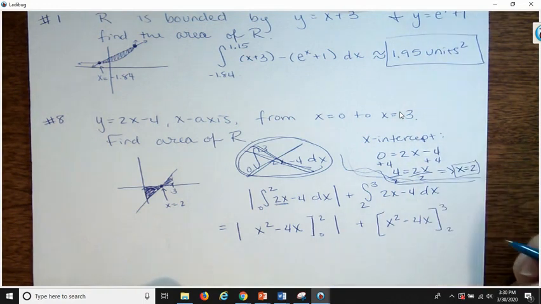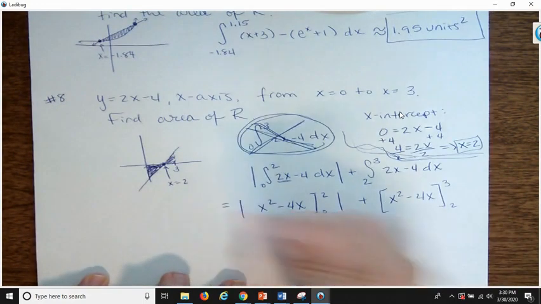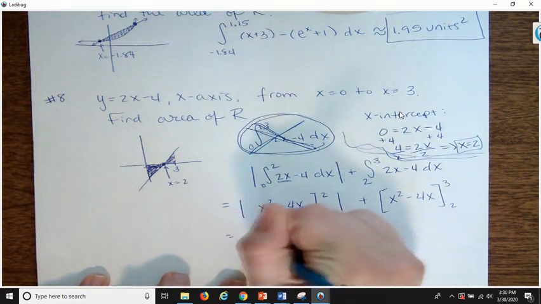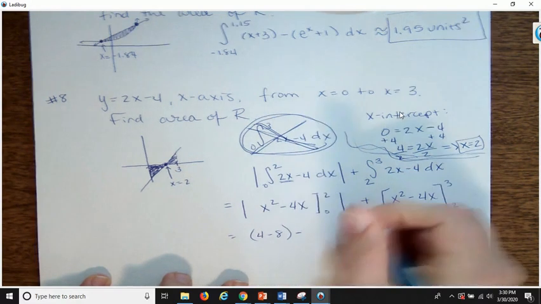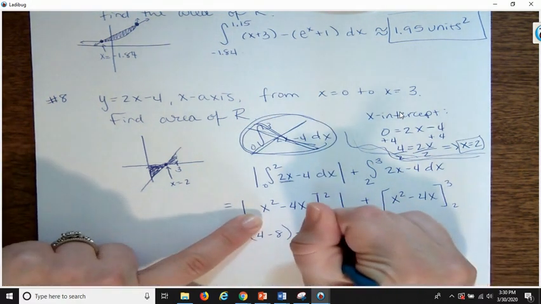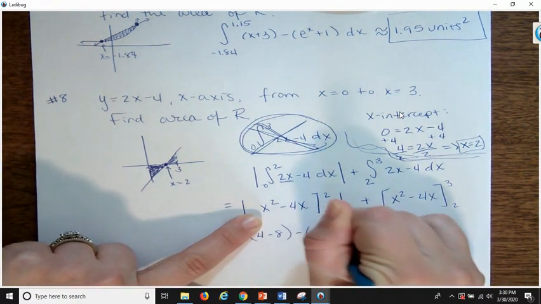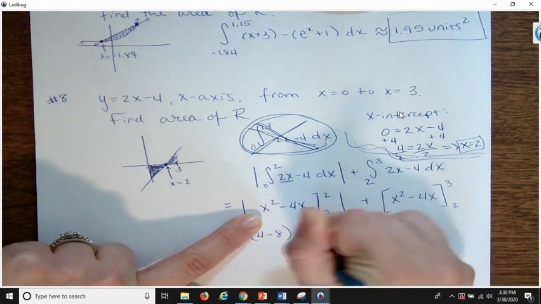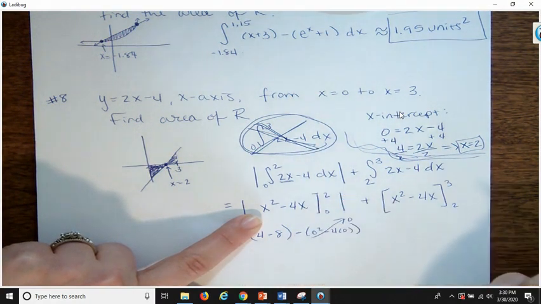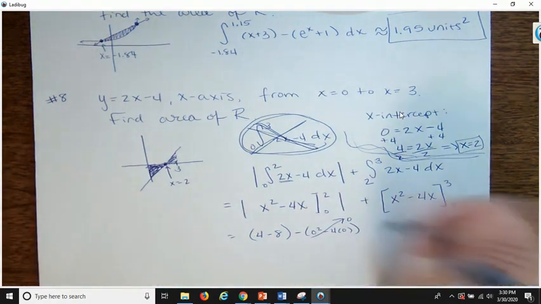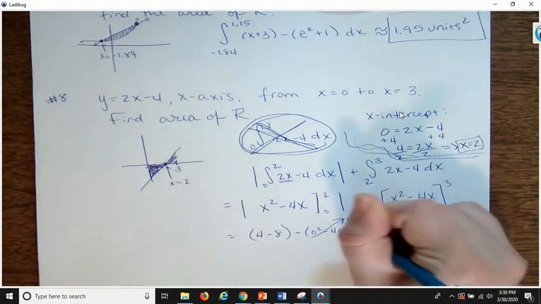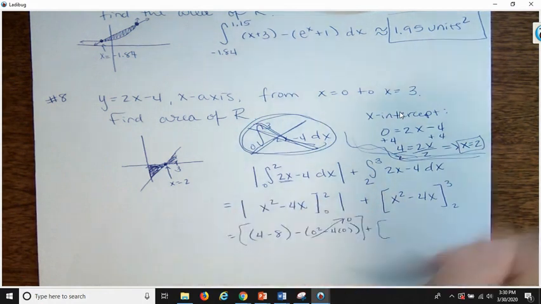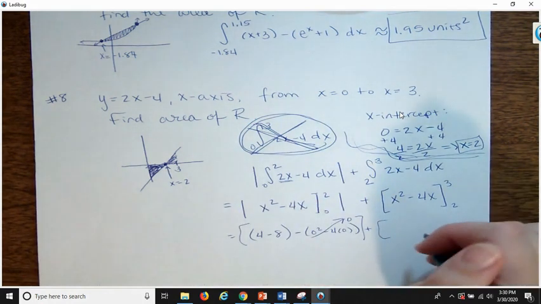Okay, so we're going to do the first one. When we sub in 2, we'll get 4, and then we would have -8. We want to subtract off 0 subbed in, which of course is just going to give you 0 as a whole for that term. Then we would want to add on, I guess I can put these in square brackets to indicate that they're separate pieces.